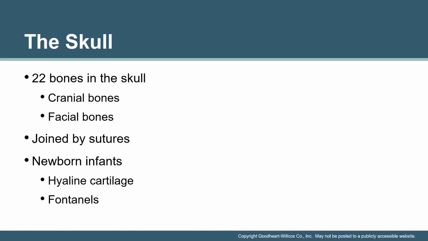Then we have a bone within the cranium called the sphenoid bone. This is a butterfly-shaped bone, and it's located on the inside of the skull, and we're going to be able to identify that shortly. The sphenoid bone helps hold the base of the brain, the pituitary gland, and will help form the orbits of the eyes.